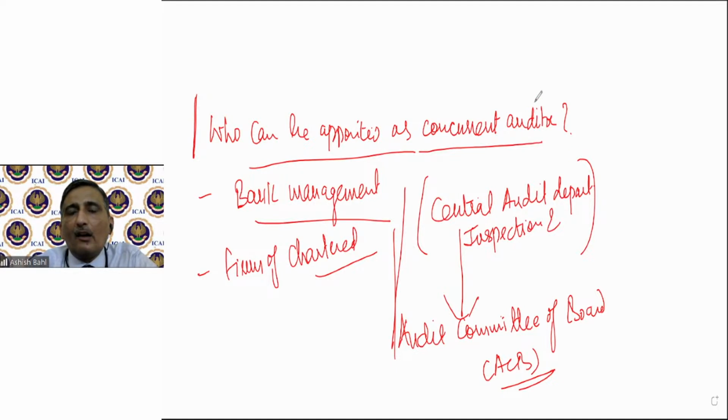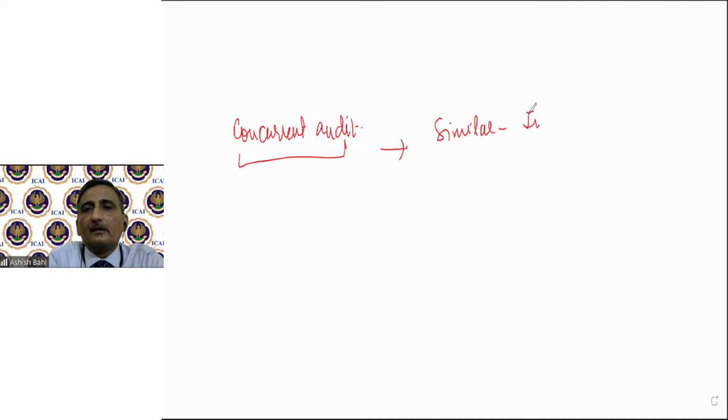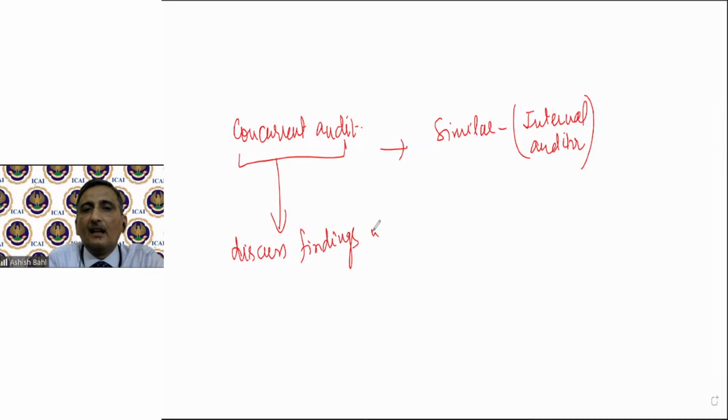And one more important thing about concurrent audit is that when the concurrent auditor gives his report, since his function is similar to that of an internal auditor, he has to discuss his findings with the branch manager before giving his report, with the branch incumbent.